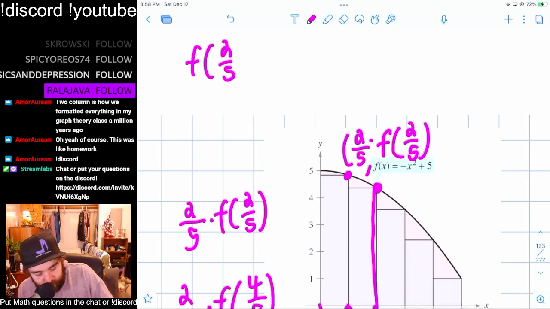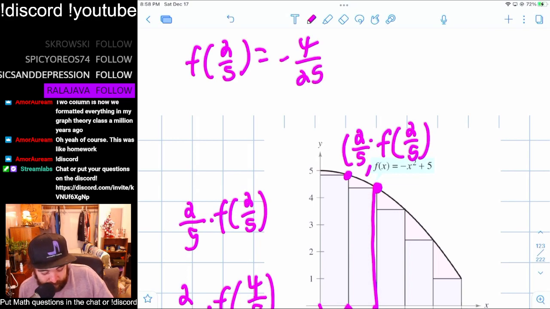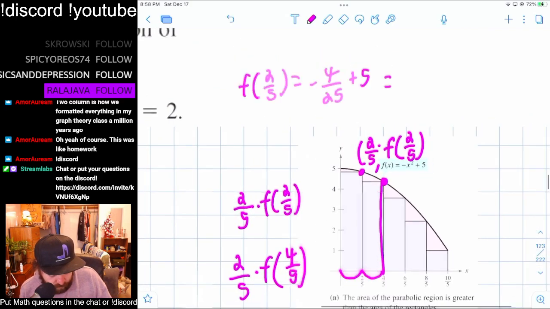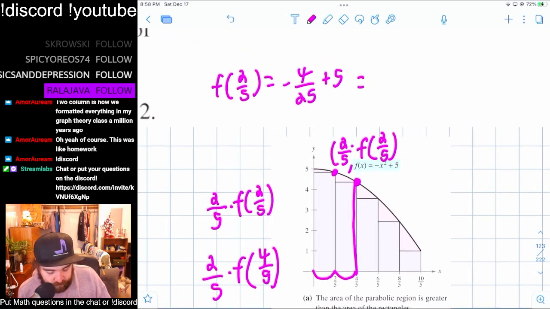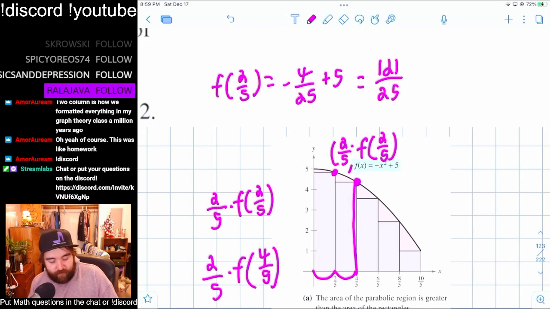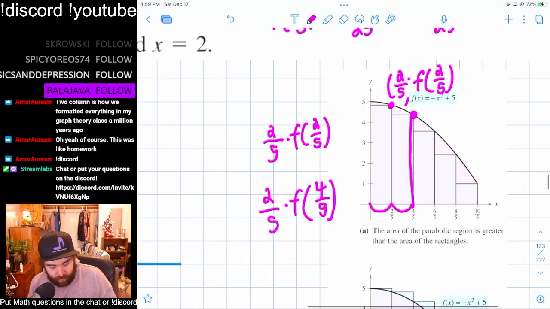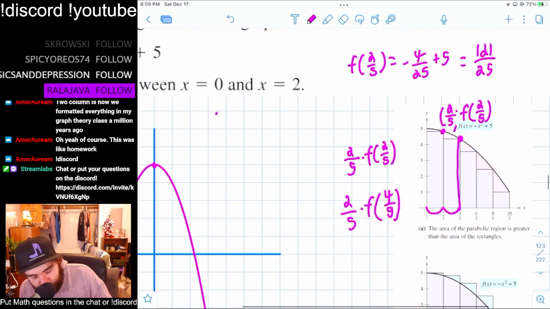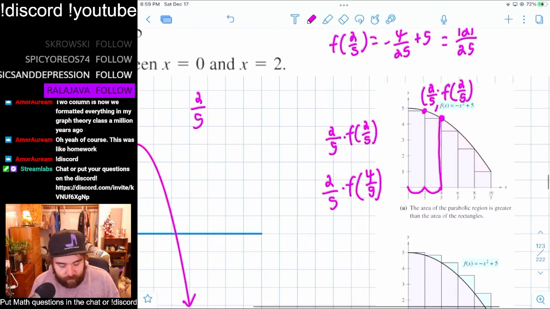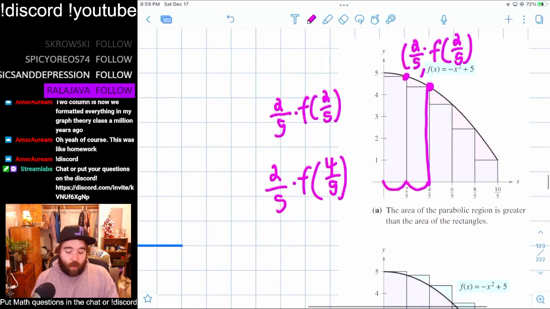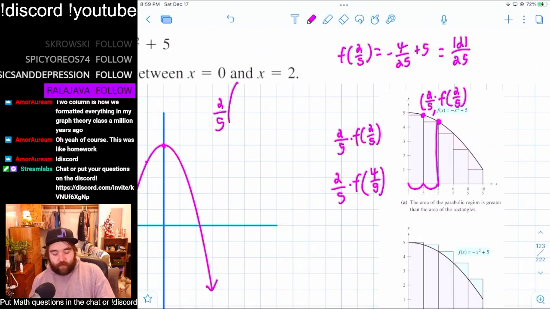So f of 2/5 is negative 4/25 plus 5. That's going to get crazy fast, because 5 times 25 is 125 minus 4, so 121 over 25. Also, since they're all going to have the 2/5, we're actually going to factor out that 2/5 to the front.